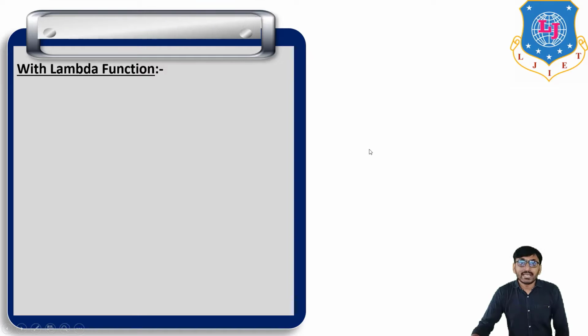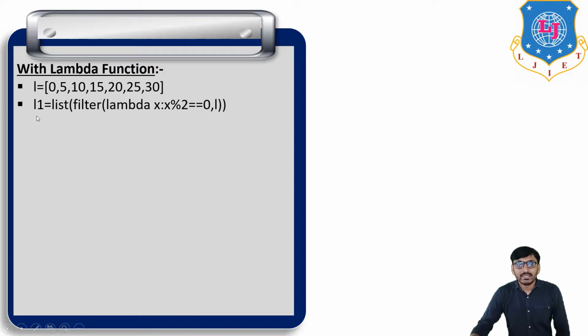Now the same problem with a lambda function. So L is a list, then L1 is equal to list, and in the parentheses we apply filter, and here the function is lambda x, with expression x modulo 2 is equal to 0, and the list L. So here this is the function, the lambda function, up to here.